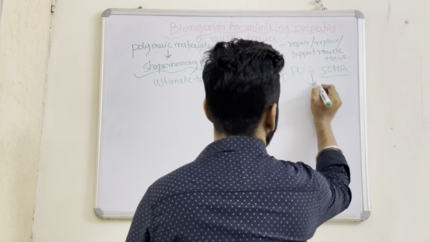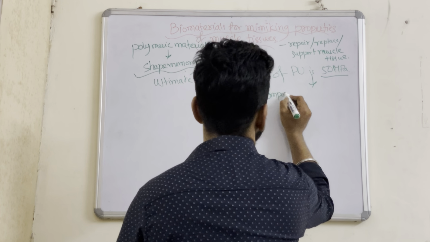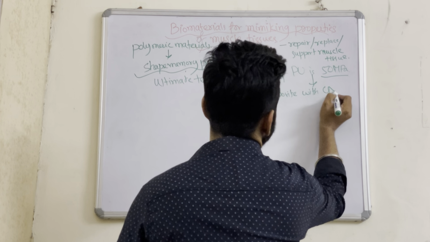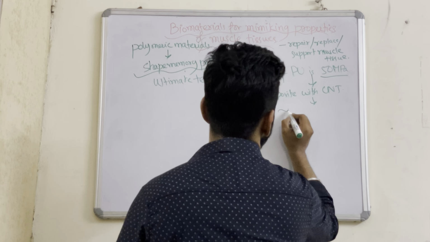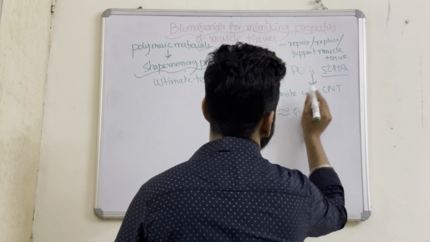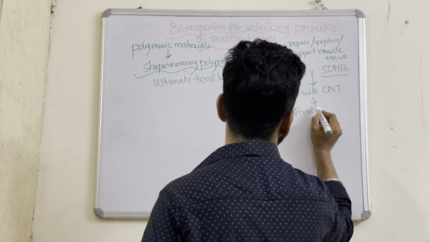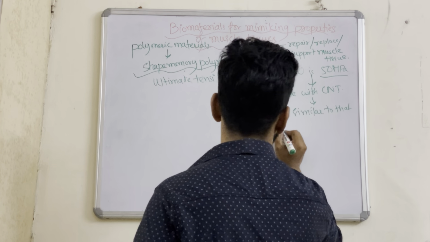So after making a composite with carbon nanotubes, we can get a composite with an ultimate tensile strength very similar to that of muscle tissues.